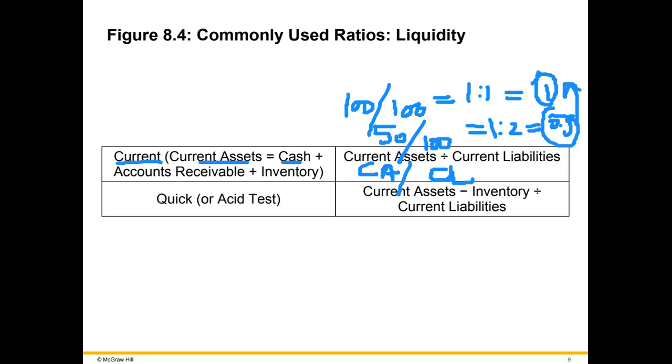A ratio higher than 1, if you consider 150 to 100, where we have 150 in current assets and 100 in current liabilities, can be 1.5. But this is sometimes not very good because you're keeping too much cash with you and not converting it.